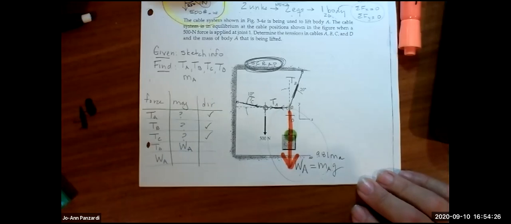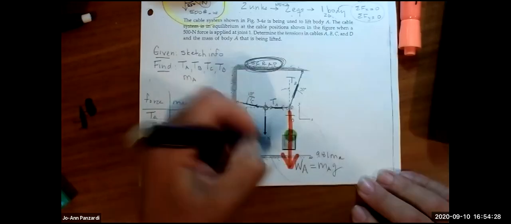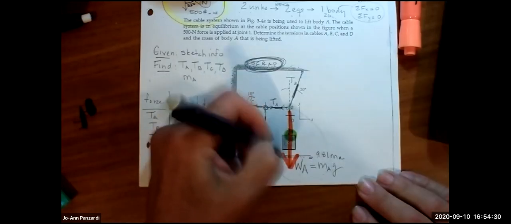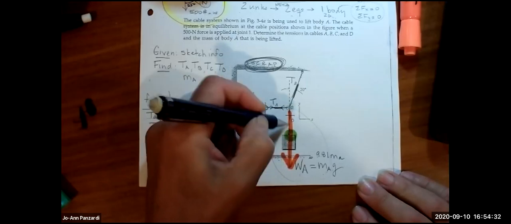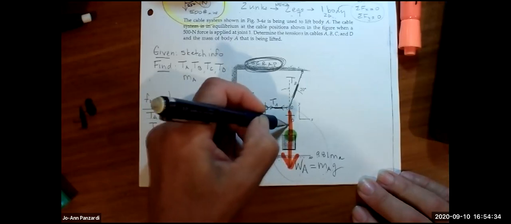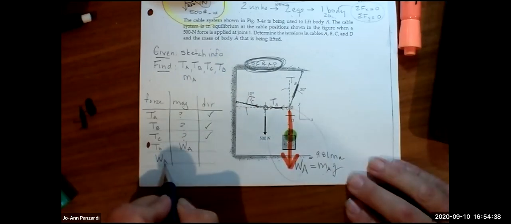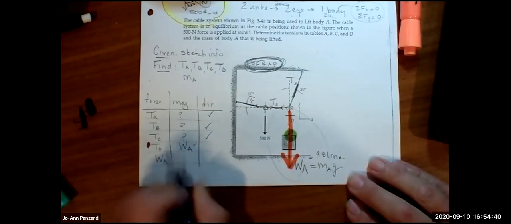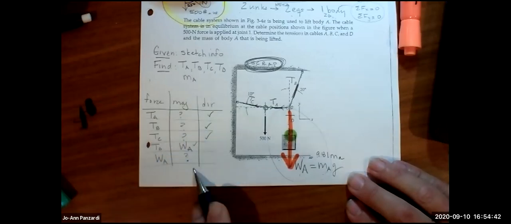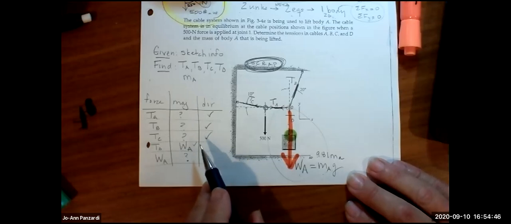So I don't need to treat TD as unknown. Let's just say it's equal to the weight of A. Anytime you have something suspended from a rope, the tension in the rope is going to be equal to the weight. Even though I don't know weight A, I've already accounted for the weight down here. I'll talk about that again because I think there are questions.